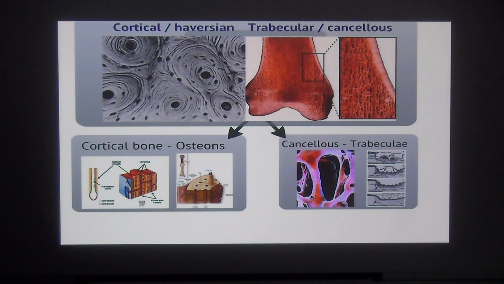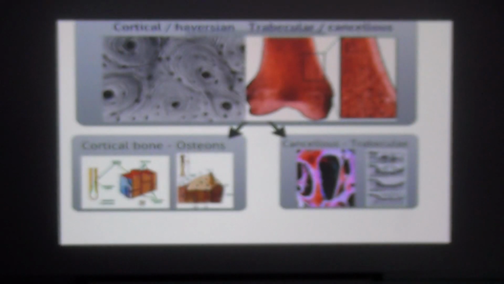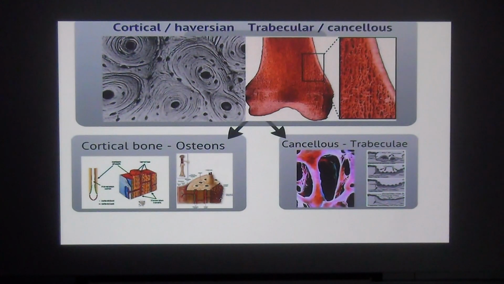Yeah, everyone got that? A cutting cone is like a big tunnel boring machine where the osteoclast goes down, makes a massive tunnel, and then the osteoblast plasters the walls with increasingly circumferential layers of bone until you come to the middle, and you've got a blood supply going right down the middle.